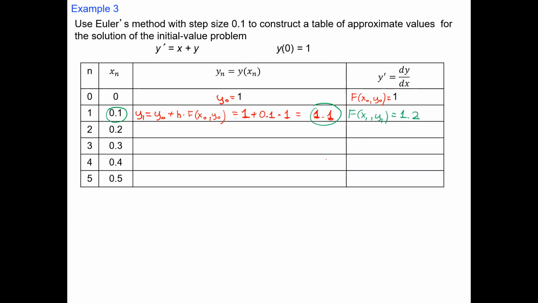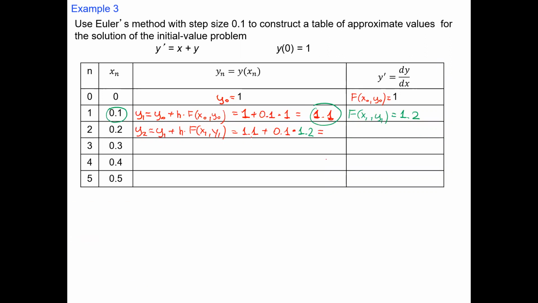1.2. Okay. Now let's do the same for the second. Y sub 2 will be the value of y sub 1 plus h, the step size, times the slope at that point. That means this is 1.1 plus step size 0.1 times the green slope, 1.1. Maybe using colors will be easier.